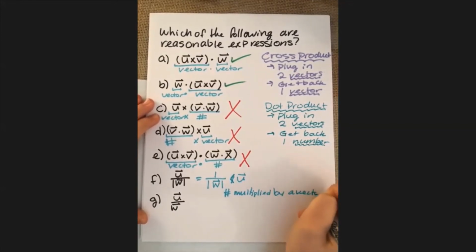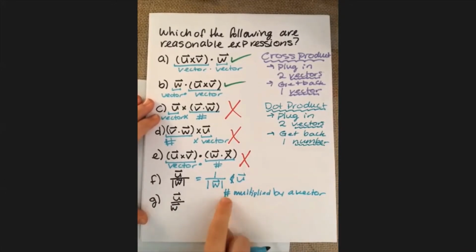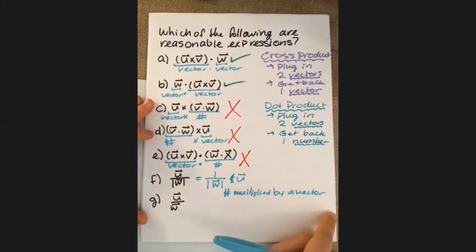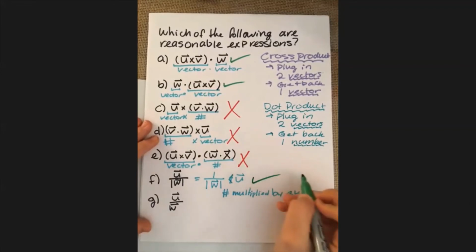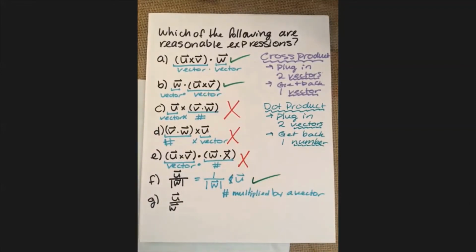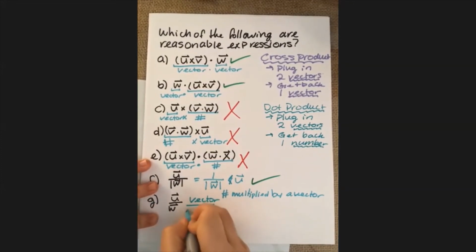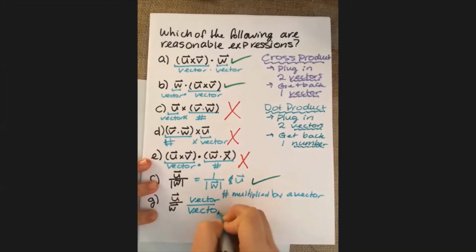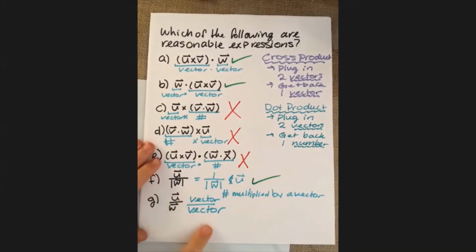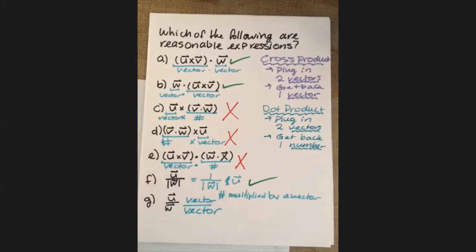And since this is regular multiplication, we are allowed to take a number and multiply it by a vector because it just goes through and multiplies it by each component in that vector. So this right here is a perfectly acceptable expression. However, we cannot divide a vector by another vector. We do not have a definition for this kind of operation. So to divide a vector by another vector is not considered to be a reasonable expression.